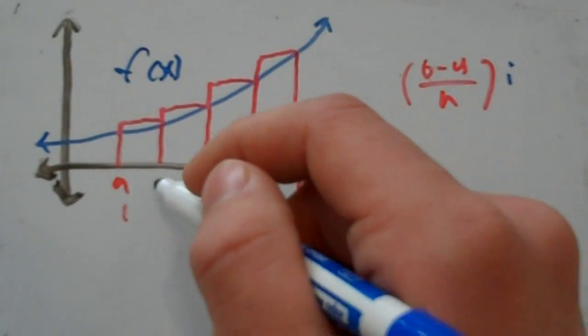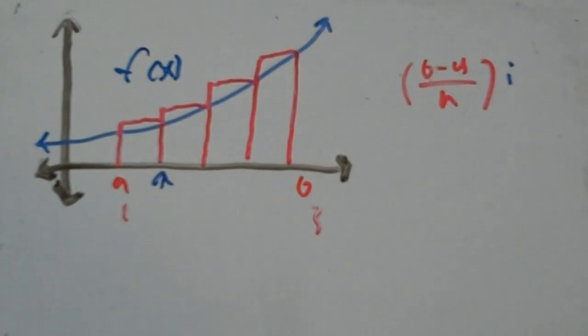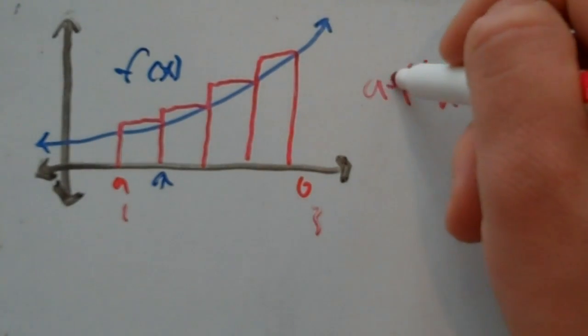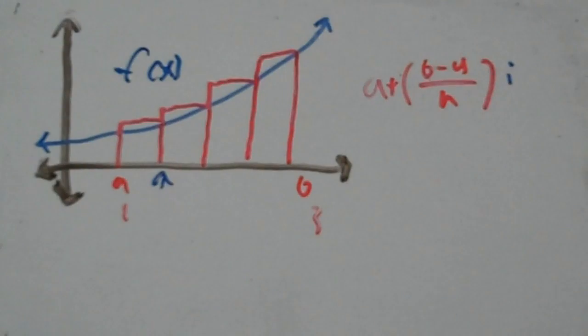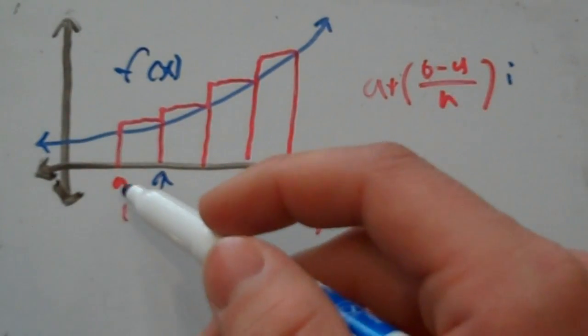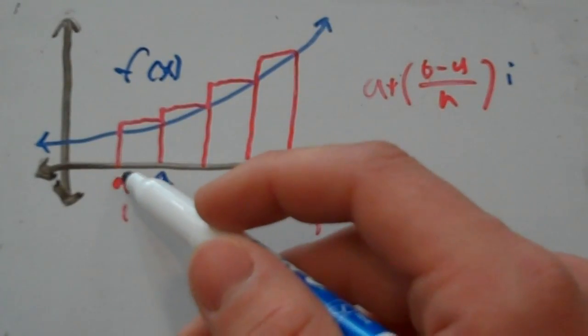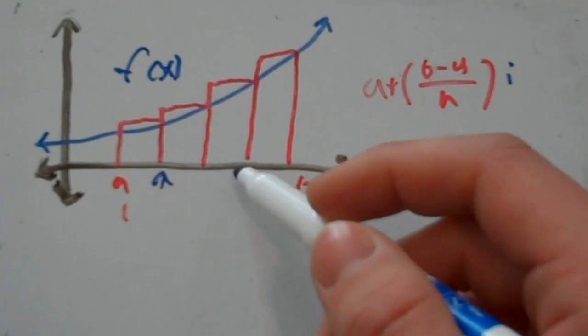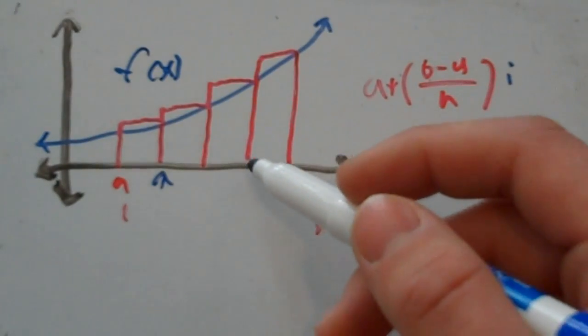Well, 3/2 is right there. So what we need to do is add a to that, to indicate where we start. So we have a to indicate we start here, and then we go over our ith rectangle widths, and that will give us our x-coordinate.